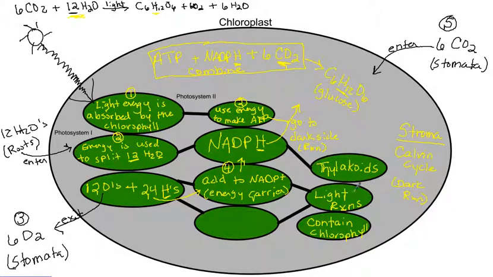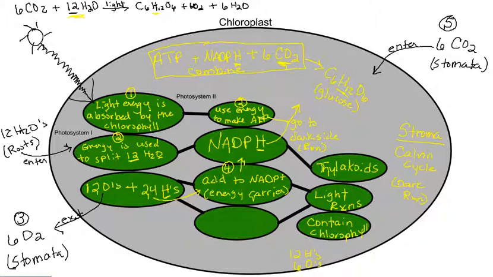That means we have 12 hydrogens left over. 6 carbons in our carbon dioxide, 6 carbons in our glucose. And then 6 times 2 is 12, so that's 12 oxygens, but there's only 6 oxygens in our glucose. So we've also got 6 extra oxygens here.